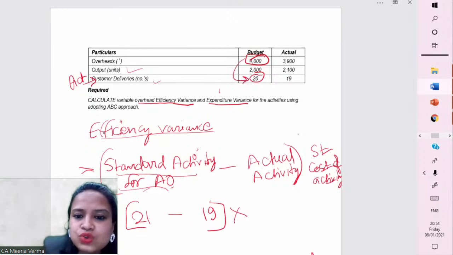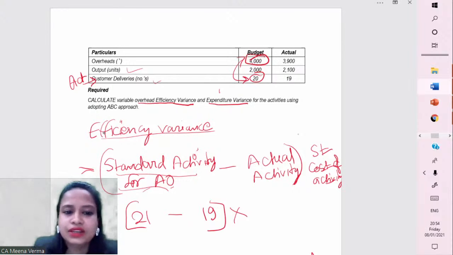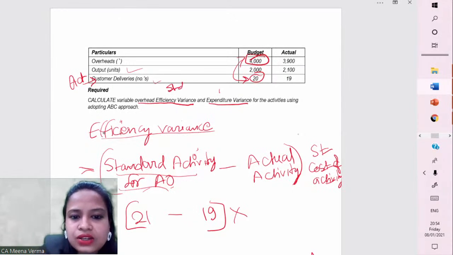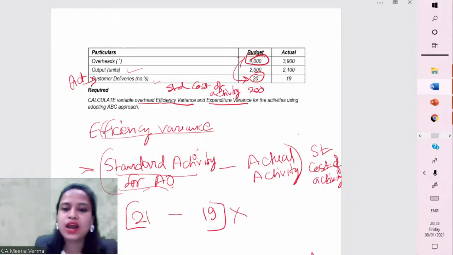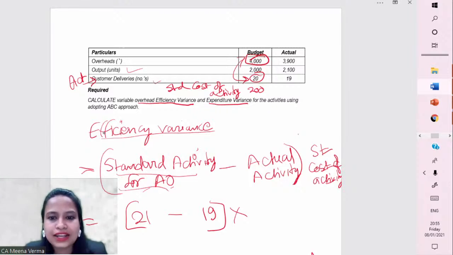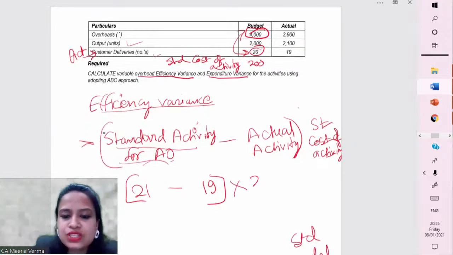I'll divide these two values so that I get the standard cost of activity. Standard cost of activity will come as 200.